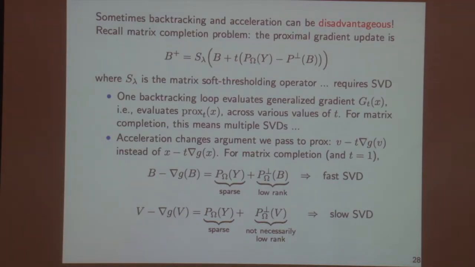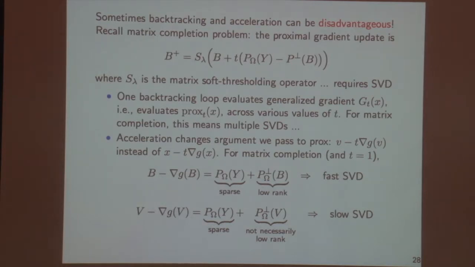The proximal operator here is: take an SVD and apply soft thresholding to the singular values. When we accelerate, we take an SVD of something else; we're adding something to the object that we originally would have taken the SVD of. The original object, in matrix completion, is a sum of two matrices: something sparse plus something low rank.